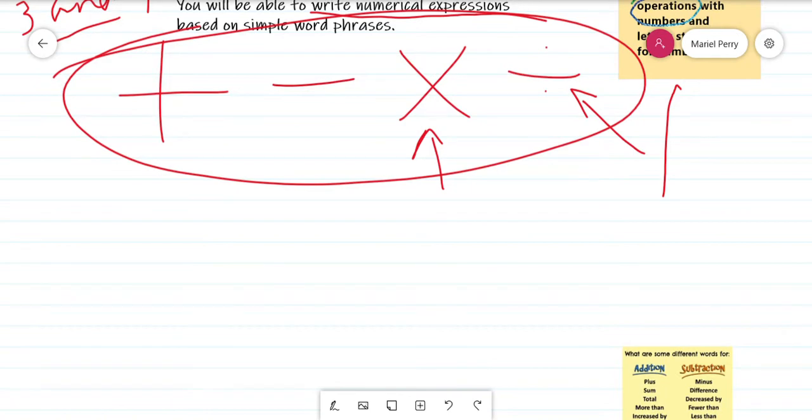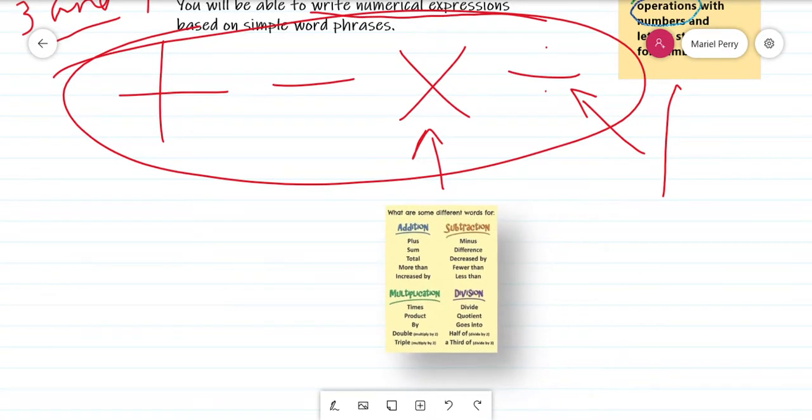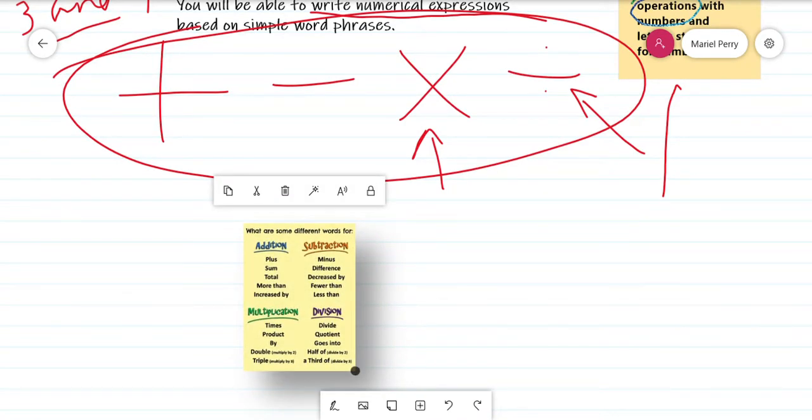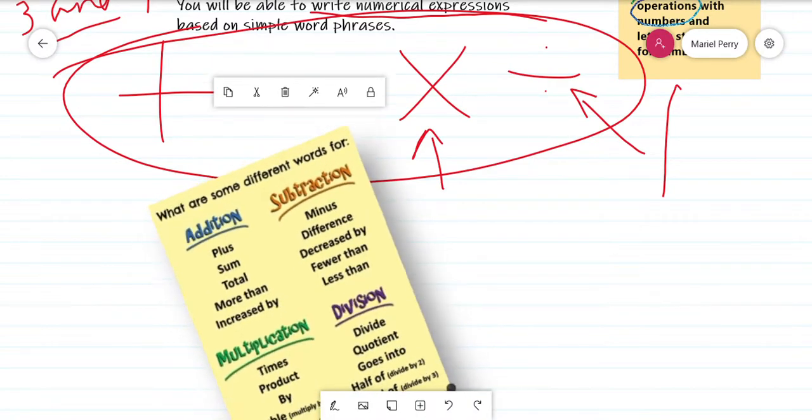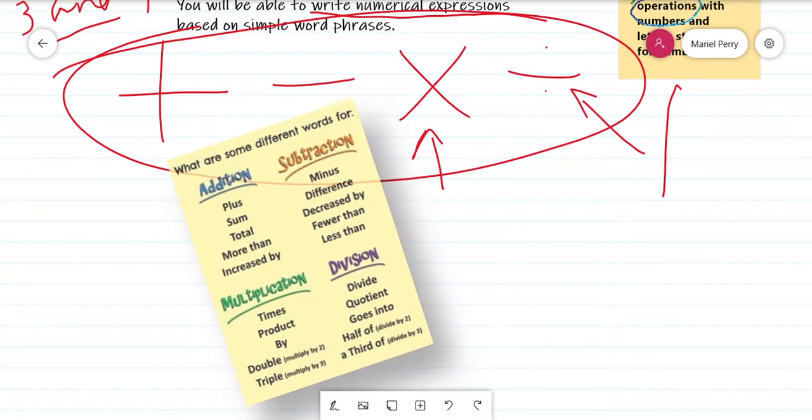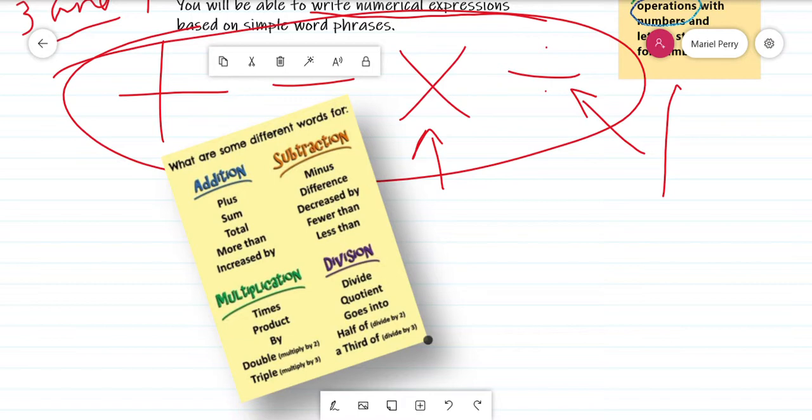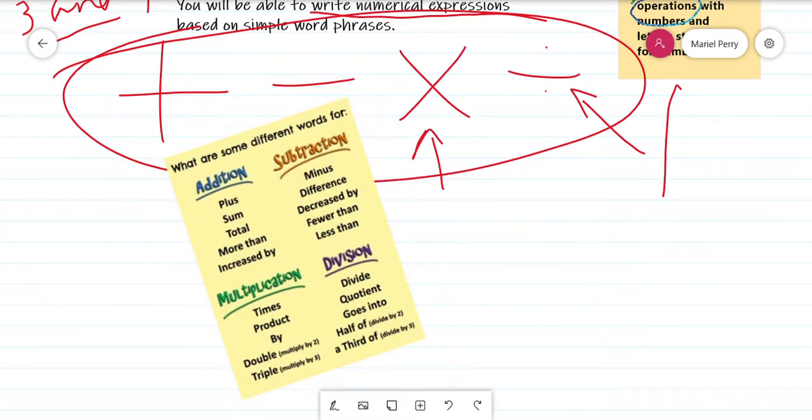Okay, so what I'd like to do first is share with you a couple of keywords. Let's showcase this particular chart. I'm going to make it a little bit larger. This chart gives us different words for when we want to add, subtract, multiply, and divide. We're taking simple word phrases and interpreting them with numbers and operations, those symbols.